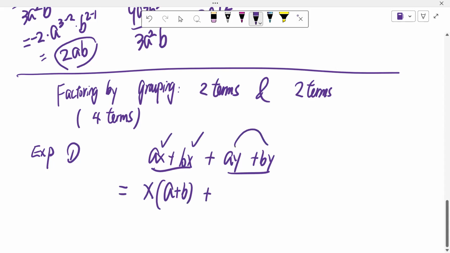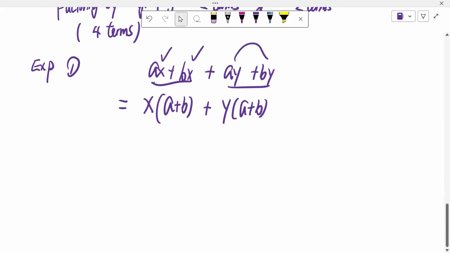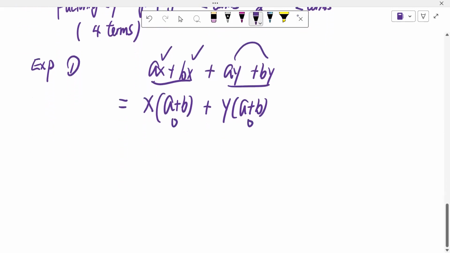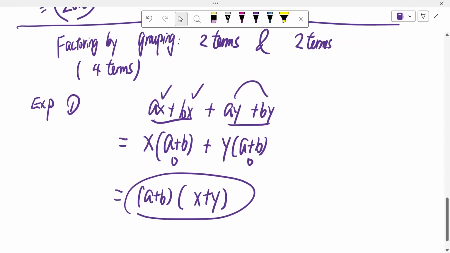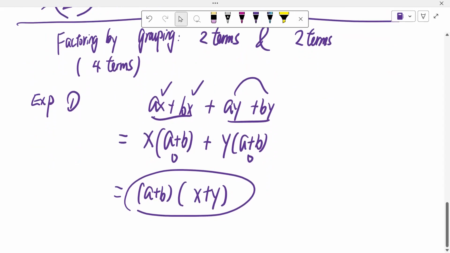Second group, GCF is y. But again, for these 2 groups, a plus b is the GCF. That's basically, so basically we factor by GCF twice, right? That's the essence of factoring by grouping.